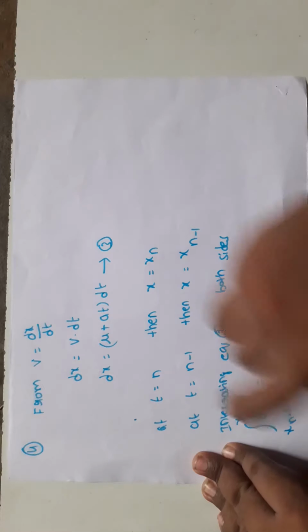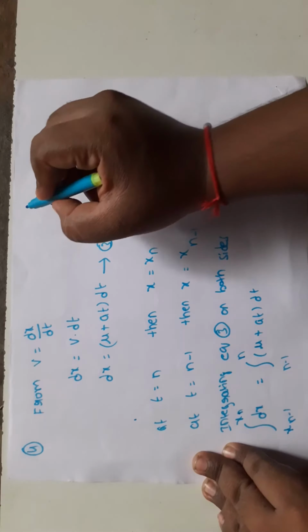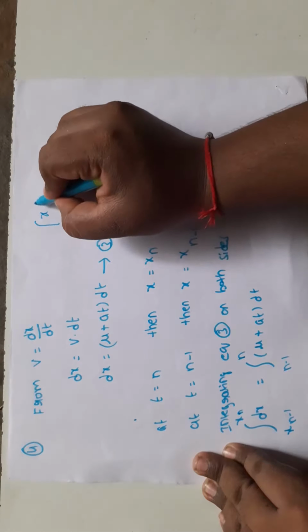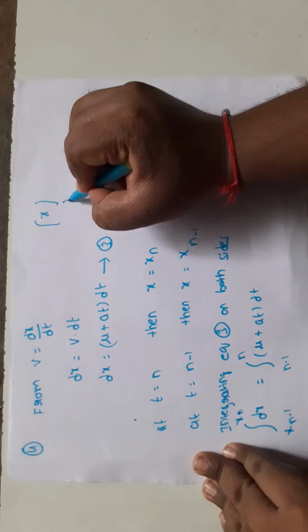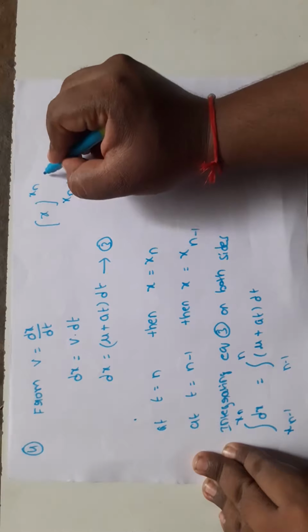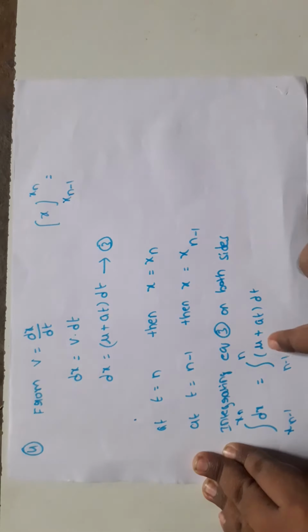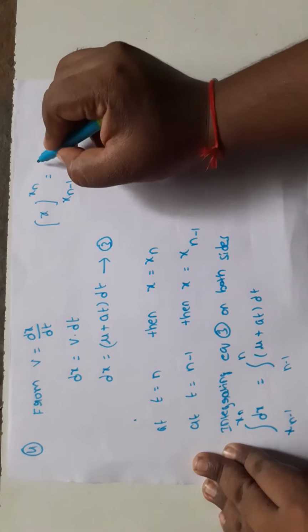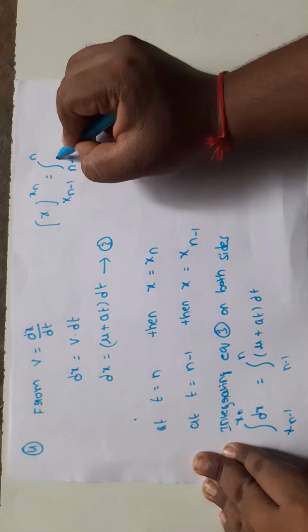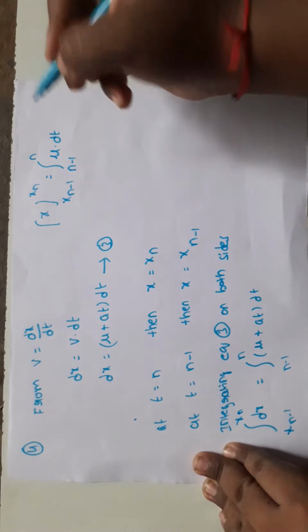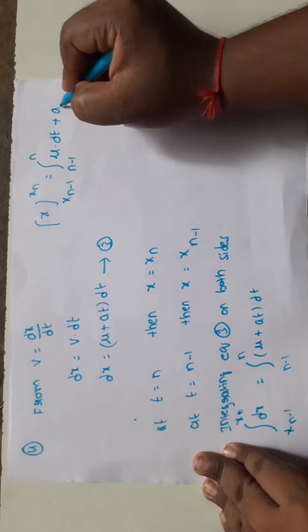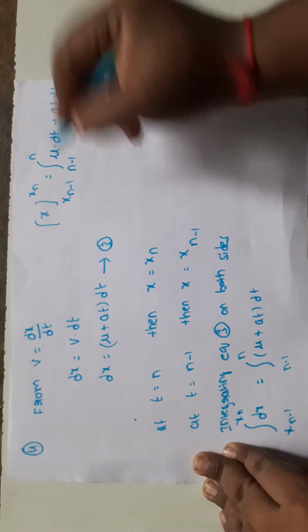Here the integral of dx, what is its formula? x, with limits x n minus 1 to xn, equal to the integral from n minus 1 to n of u into dt plus at into dt.